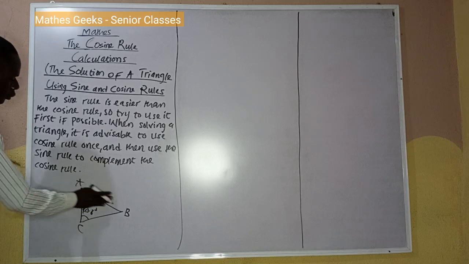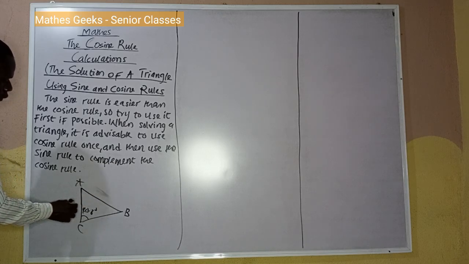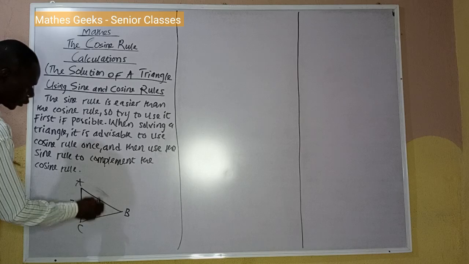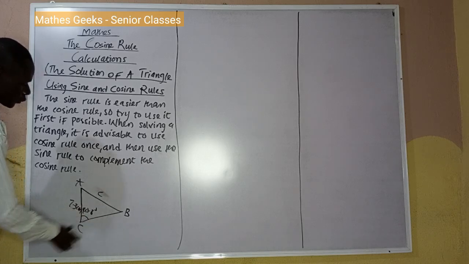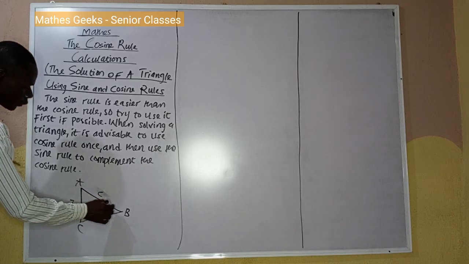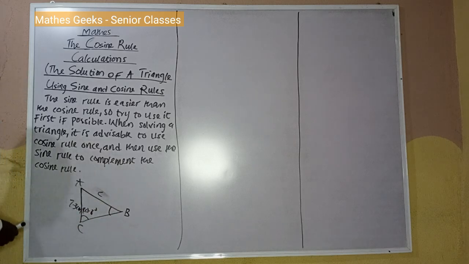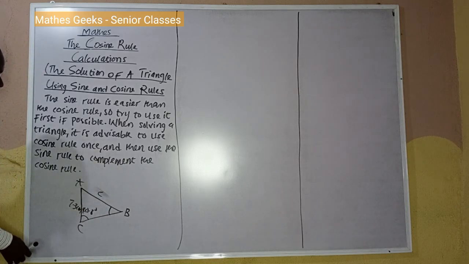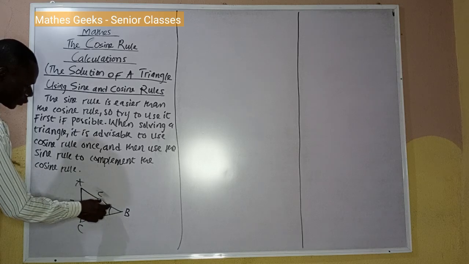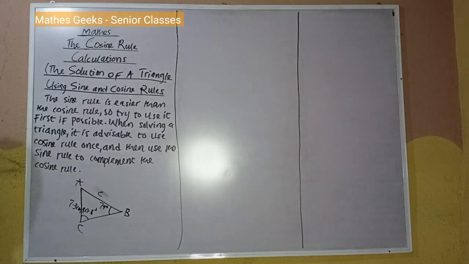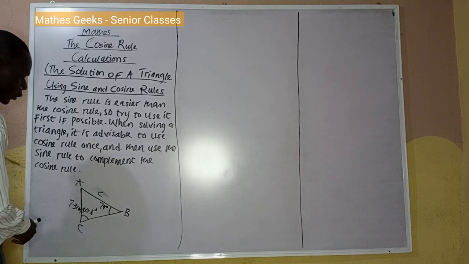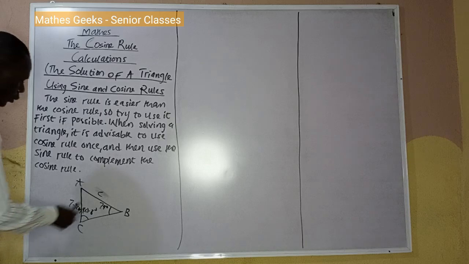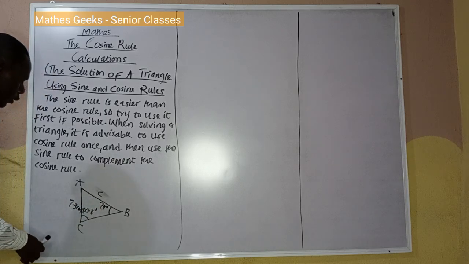And then we have here to be C. If this angle is given to us, let's say 74 degrees, assuming it is 74 degrees, and side A is also given. Okay, side A is not given.